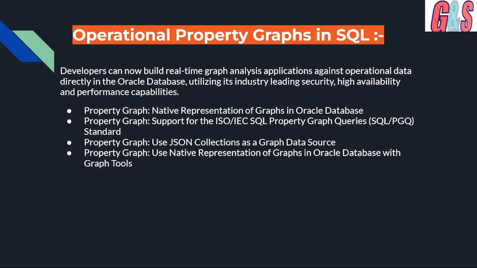The enterprise-grade manageability, security features, and performance features of Oracle database are extended to property graphs. Developers can easily build graph applications using existing tools, languages, and development frameworks. They can use graphs in conjunction with transactional data, JSON, spatial, and other data types.